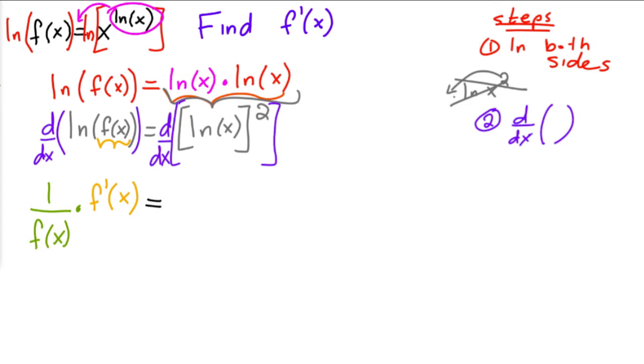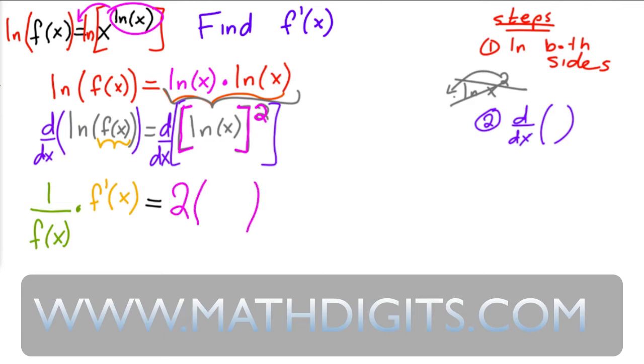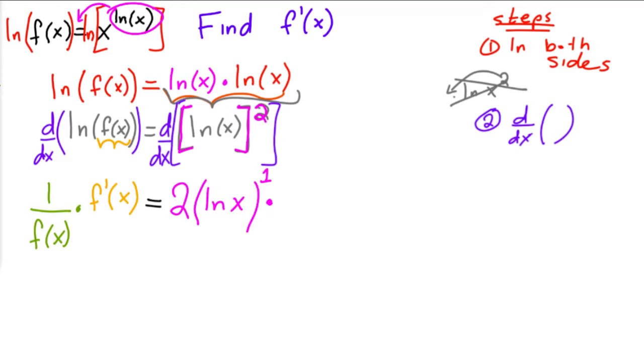Now this is equal to, now the derivative of this guy, we have to use the chain rule here because we have an outside function which is the squared. So the chain rule tells me, okay, bring the 2 out in front, leave the inside alone, subtract 1, so this is going to be raised to the 1, times the derivative of the inside, the derivative of this guy, which is 1 over x.